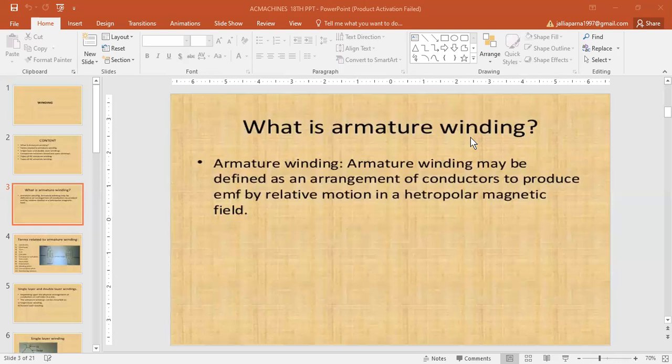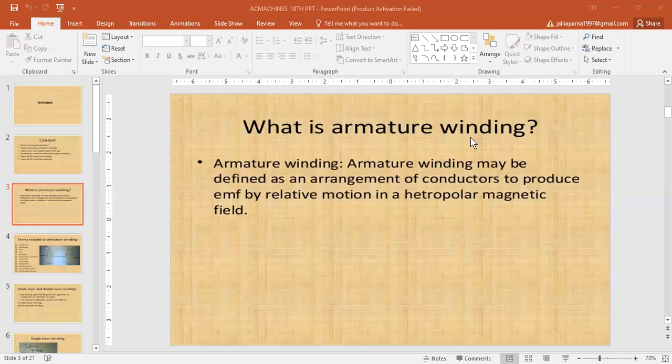Next, conductor. The length of wire lying in the magnetic field and in which an EMF is induced is called a conductor. For example, the lengths AB and CD.